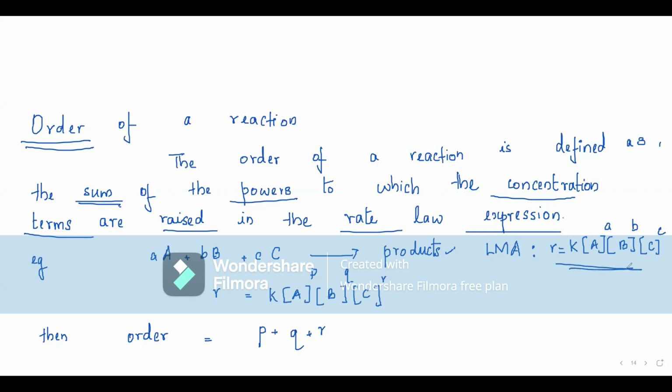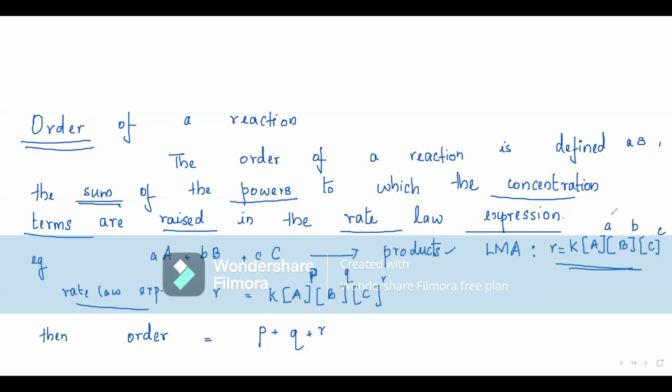But now we have the rate law expression, that is the experimental one. Rate is equal to K into [A] to the power of p, not a.